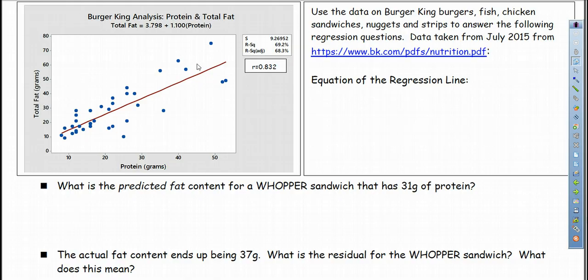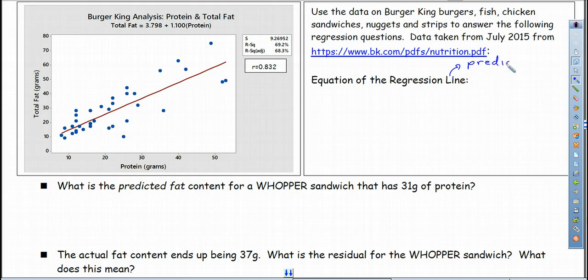So we have our scatter plot, and we have our prediction line, or the least squares regression line. I think it's always helpful just to remind ourselves that when we see regression line, this just means prediction line. So that's our prediction line. What's the equation of the prediction line? Well, here at the top of the display we have our equation given.